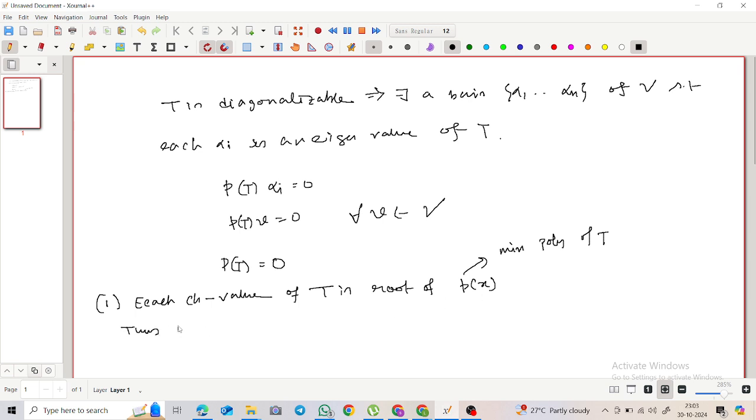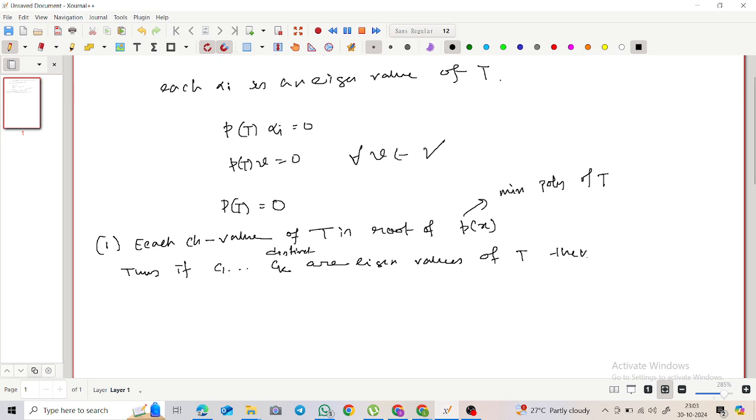Thus, if C1 to Ck are distinct eigenvalues of T, then P(Ci) is 0 for all i belongs to 1 to k.